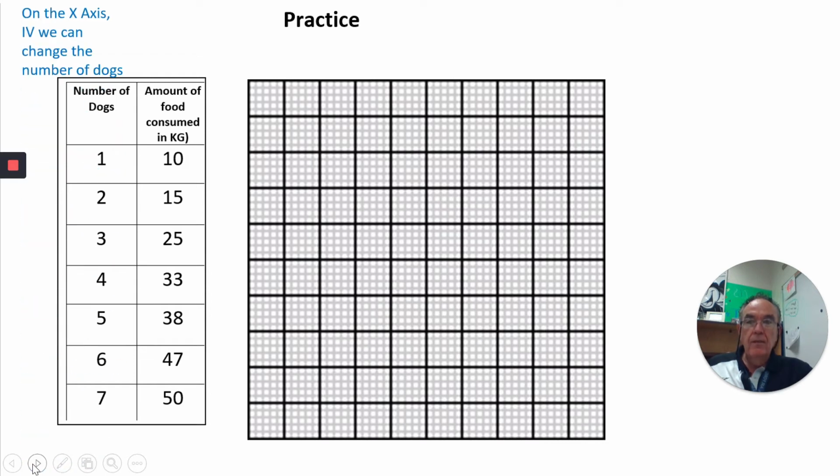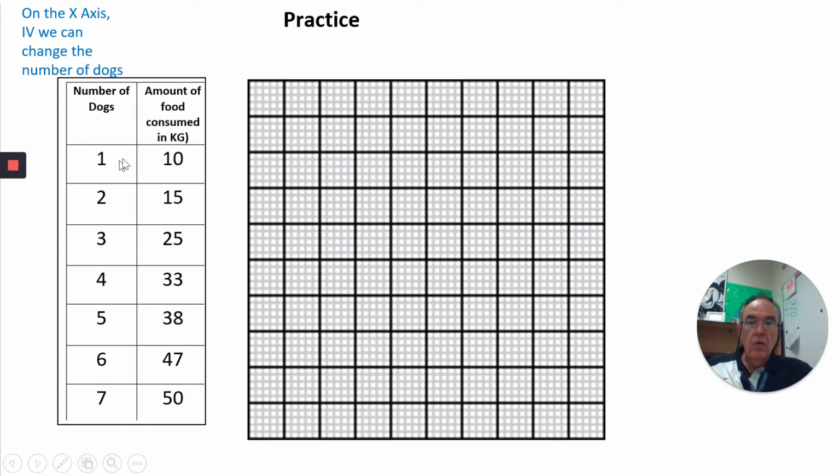So the first thing you're going to do is on the x-axis, the IV, we can change the number of dogs. When you look at this, which one depends on which, and which one do we have control over? Well, we have control over the number of dogs that are going to eat. We don't have control over how much they're going to eat.